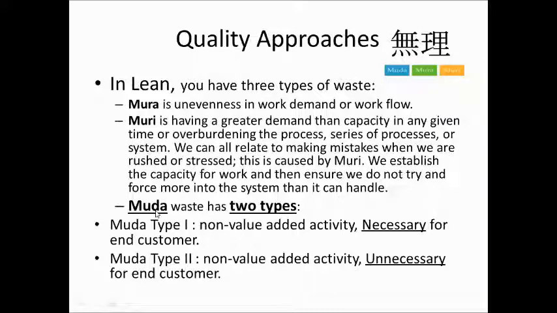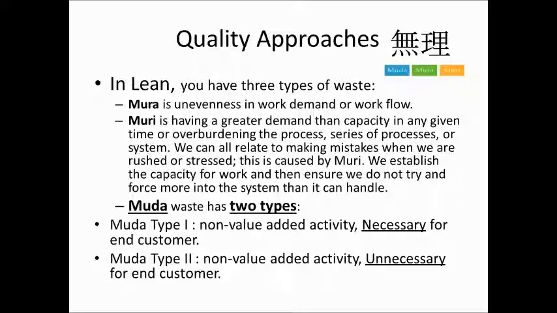Muda, we said, has two types. Muda type 1 is a non-value added activity, but necessary for the end customer, so we will keep it. And Muda type 2 is a non-value added activity, and unnecessary for the end customer, so we have to remove it.